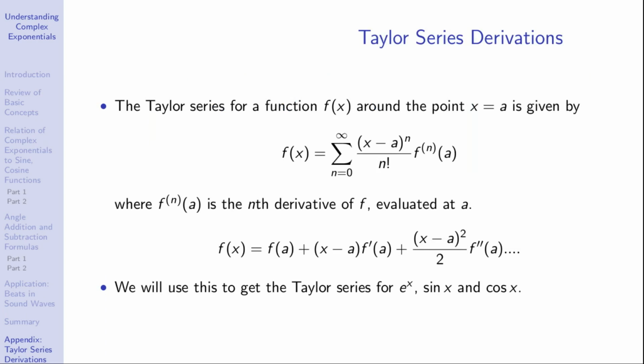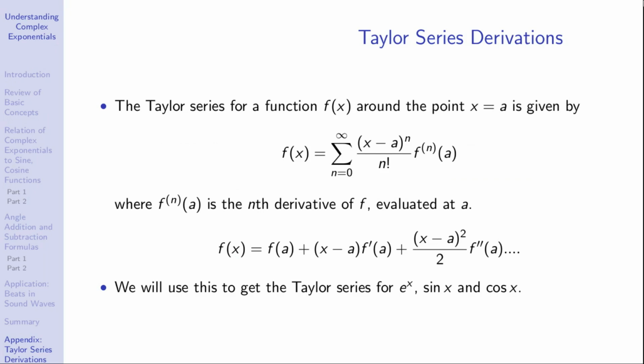Okay, so the Taylor series for a function f of x around the point x equals a is given by the following. f of x is equal to the sum over n from 0 to infinity of (x minus a) raised to the n power over n factorial times the nth derivative of f evaluated at a.